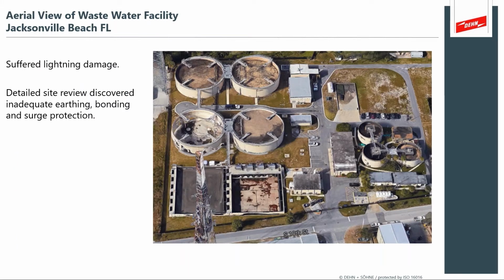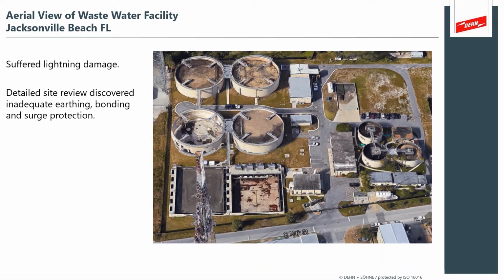And here's a view of a system that we helped work on in Florida. In this case, the system was brought online and right away suffered lightning damage. Florida, of course, has lots of lightning storms. And when we reviewed the system, we discovered all the critical issues with inadequate earthing, incomplete bonding, and inadequate surge protection.